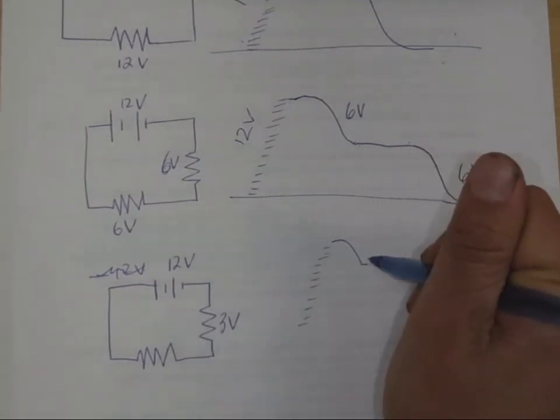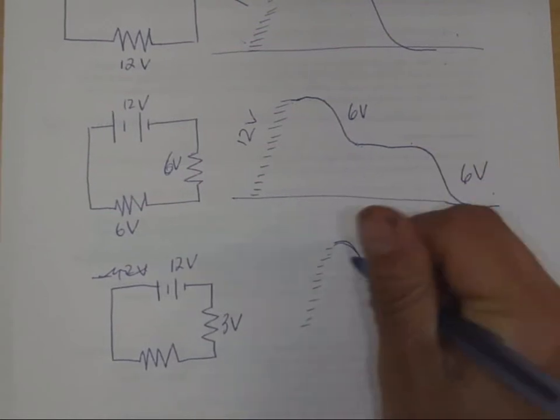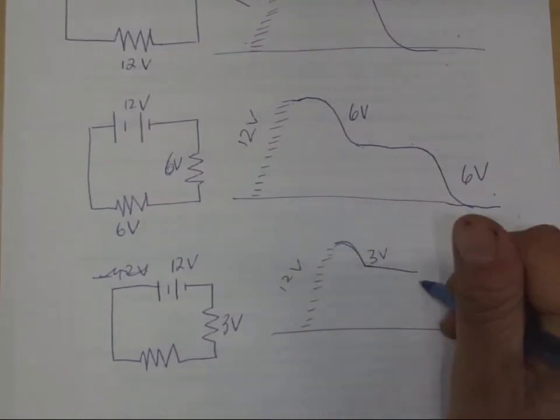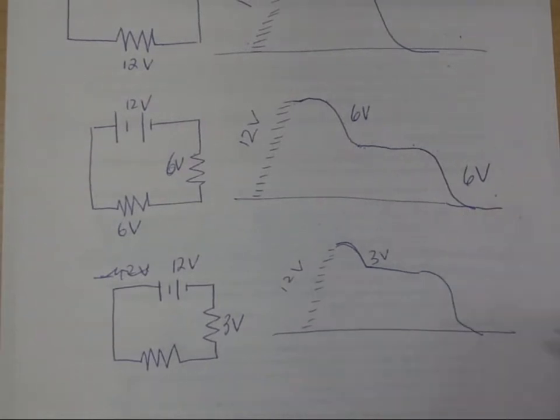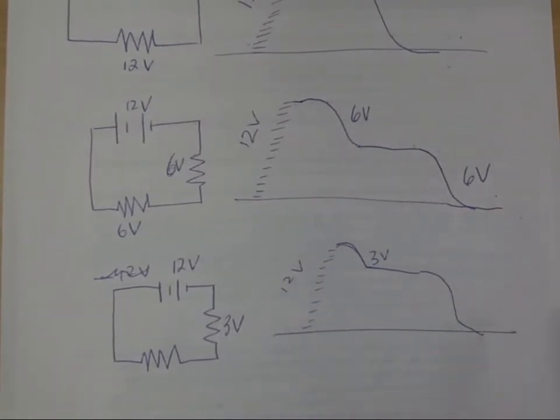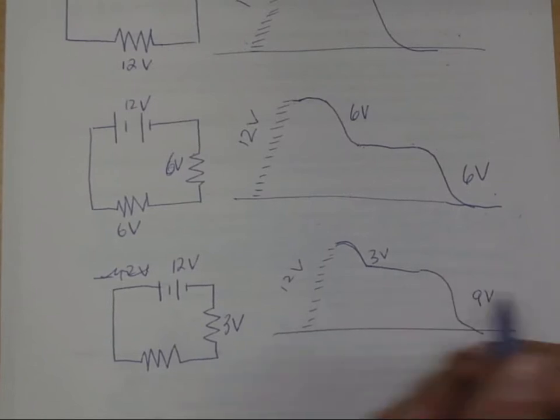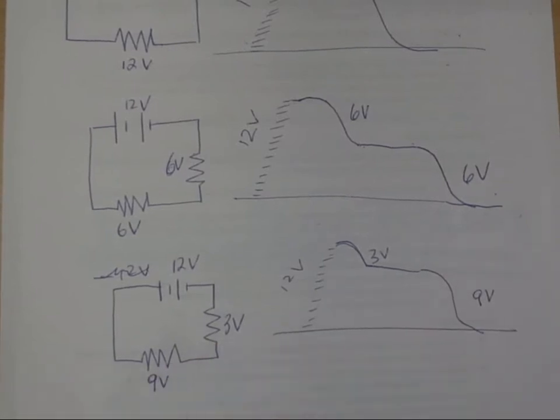Okay, so let's say I have a slide like that. So it's a 3-volt drop. Then I know that this other slide goes all the way to the bottom because it's a complete circuit, right? So if this only gives me a drop of 3 volts, then this slide must have a drop of about 9 volts. So that means my voltage across this resistor is 9 volts, okay?